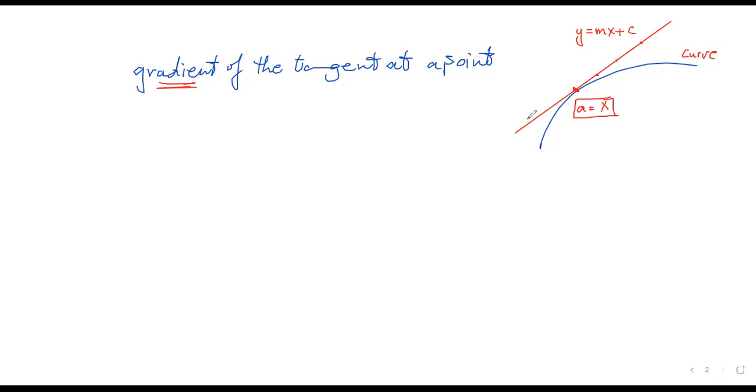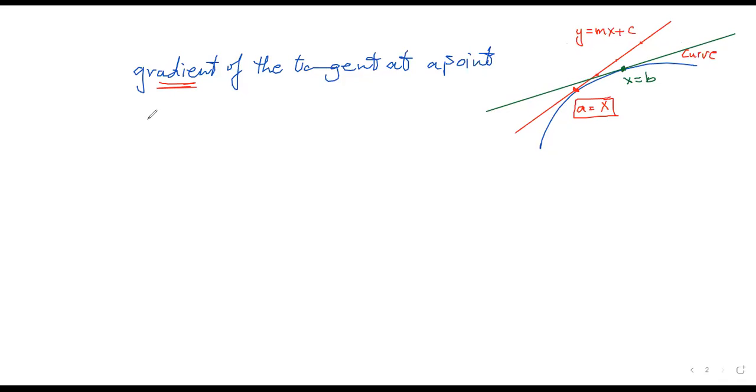But the curve doesn't have a constant inclination. At every point there is a different tangent. At this point there is another tangent, so it's a totally different gradient, let's say at x equals b.